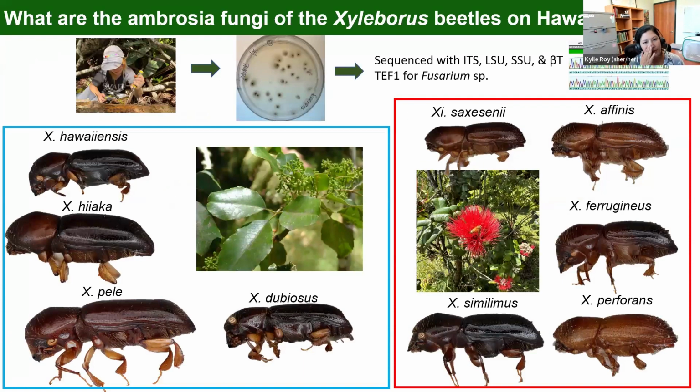So in order to isolate the ambrosia fungi, basically you would trap beetles, either trap them using traps or directly take them out of trees using a chisel and hammer, like what Ellen's doing here.